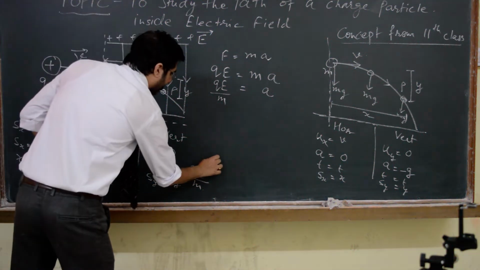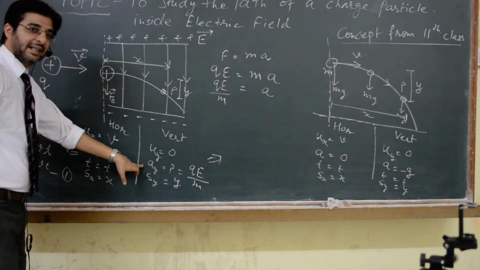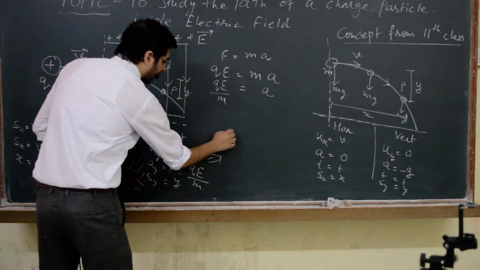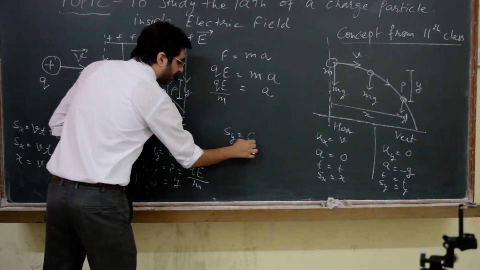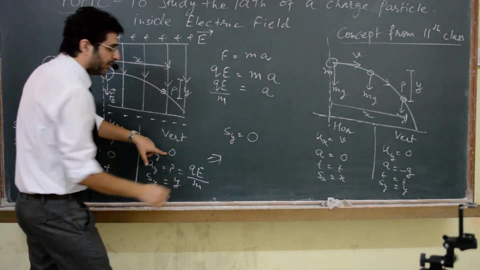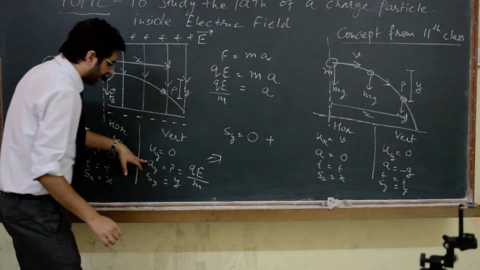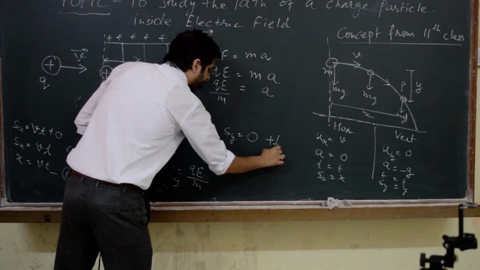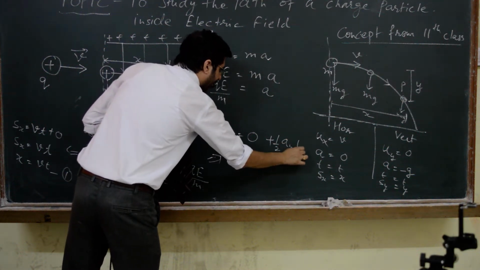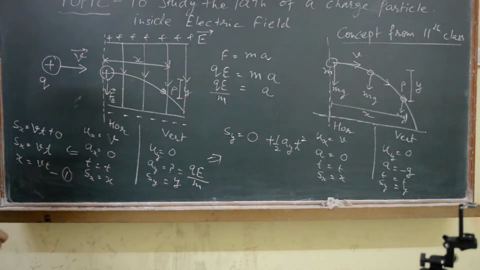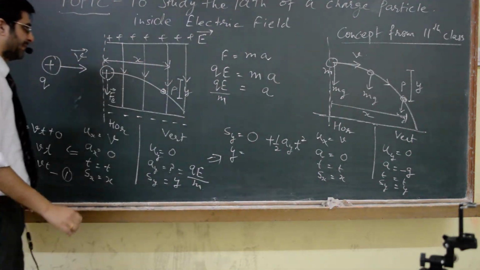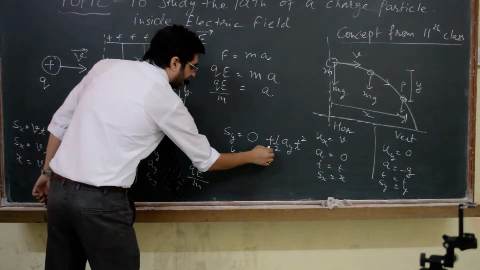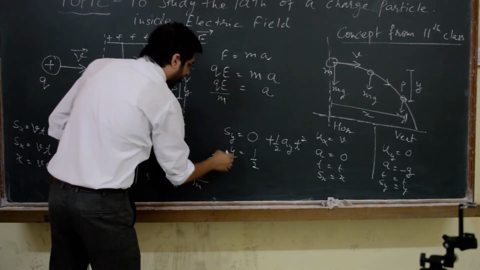Same if we solve vertically. Vertically what will be there? Vertical displacement is equal to initial velocity, which is 0, plus half ay into t square. That means y is equal to half of displacement.